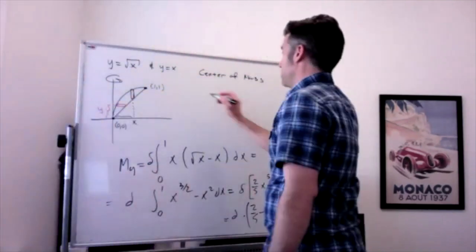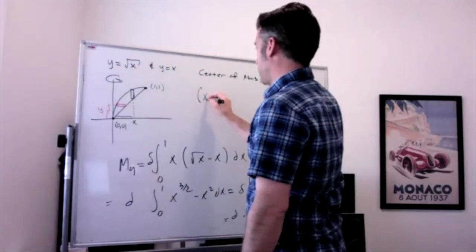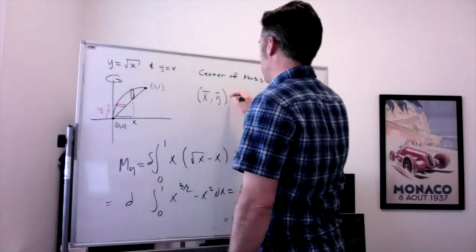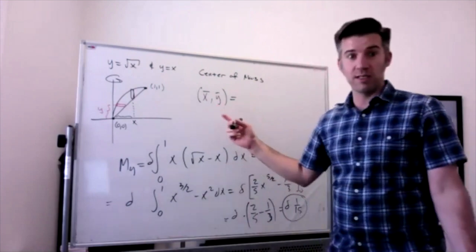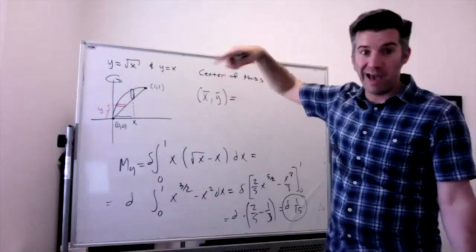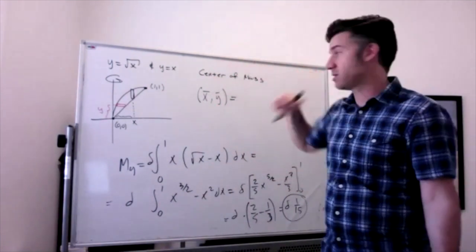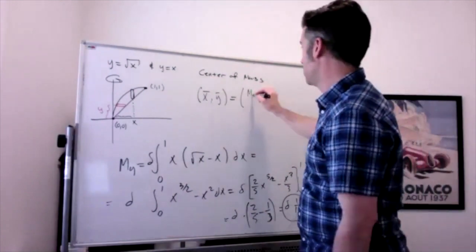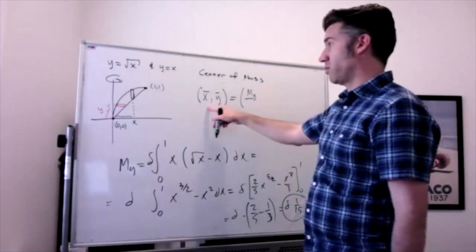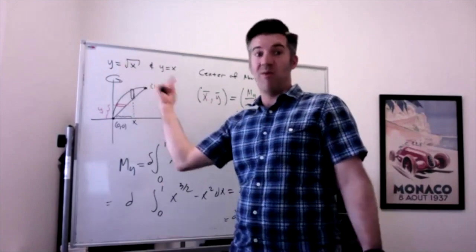So the center of mass, we call those coordinates x bar, y bar. The x coordinate is equal to the moment around the y-axis divided by the total mass. It makes sense that the x coordinate is talking about the likelihood to swing around the y-axis.